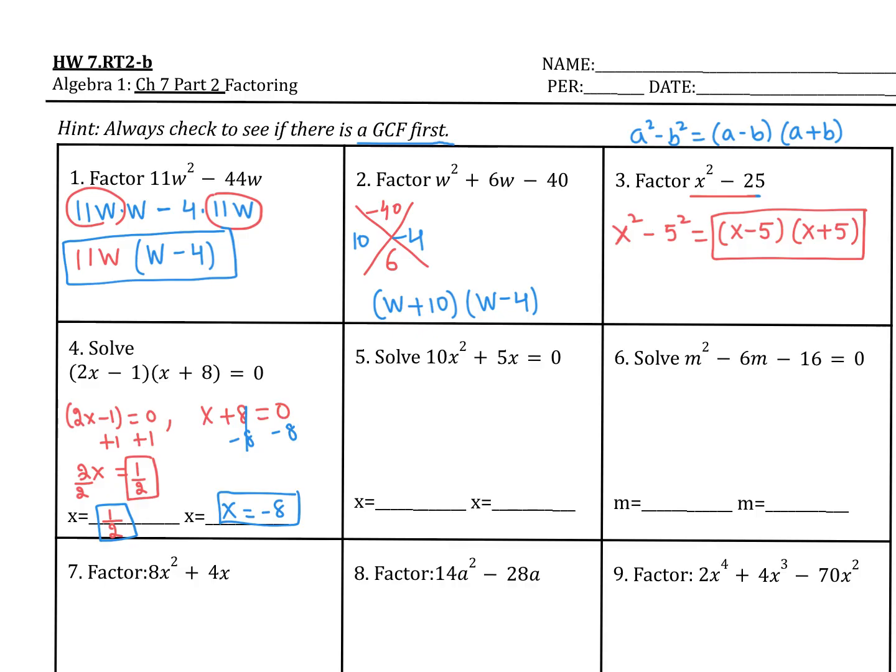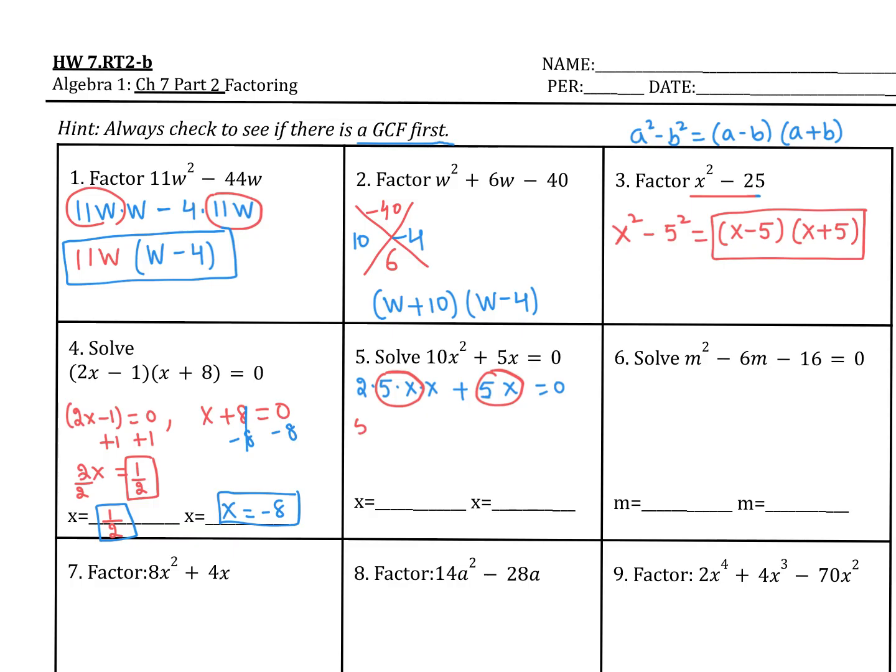You can factor the 10x as 2 times 5 times x times x. And this one is already factored, you cannot break it anymore. Now you're going to see what is the common factor between the first term and the second term, which is 5x.